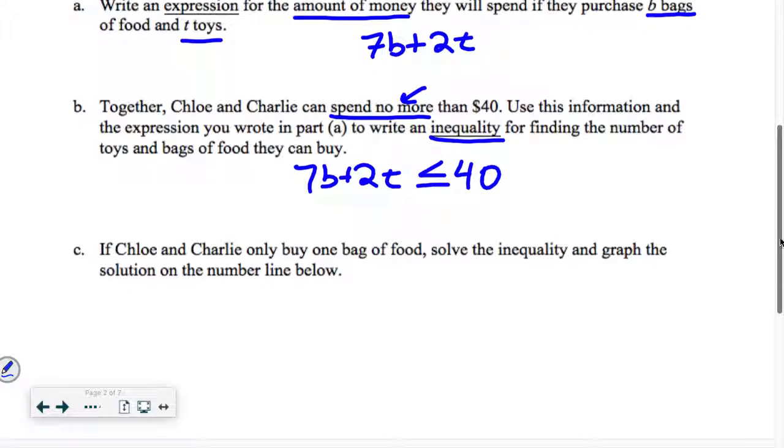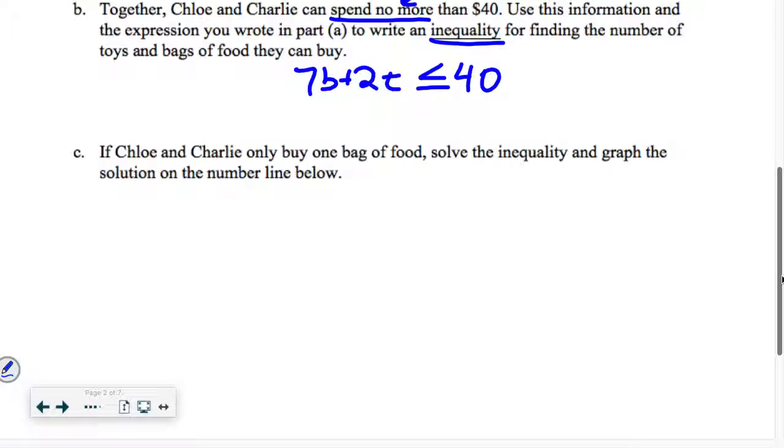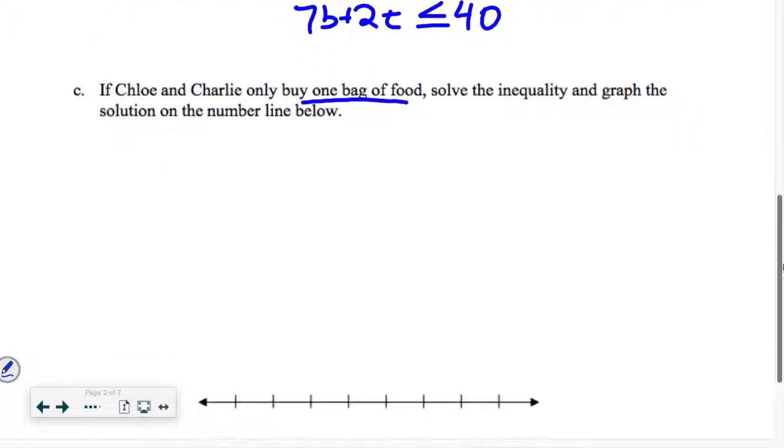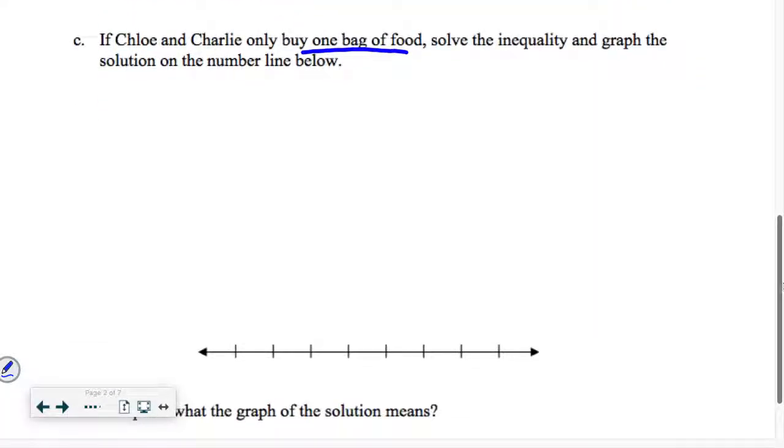In part C, if Chloe and Charlie only buy one bag of food, solve the inequality and graph the solution on the number line below. So I'm going to put B equals 1 into my inequality. 7 times 1 plus 2 times T has to be less than or equal to 40.